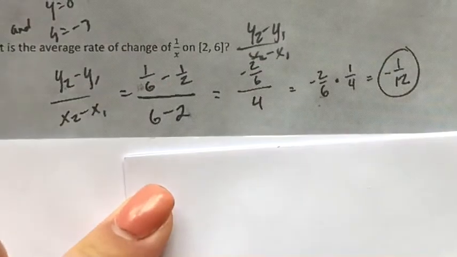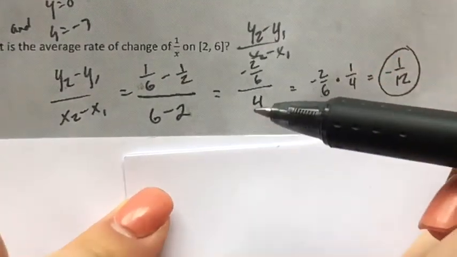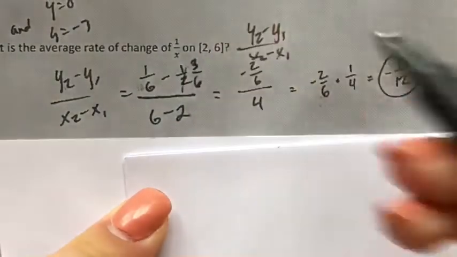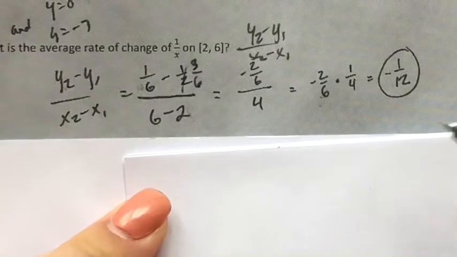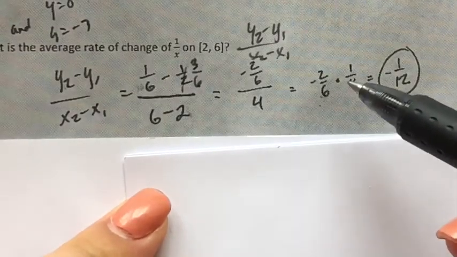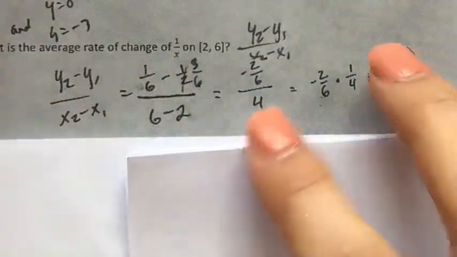Okay, this is the work. Fraction work is fairly tricky, I guess. So this would be 3/6 over negative 2/6, multiplied by the reciprocal of the denominator. Keep, flip, change. Okay, there we go.